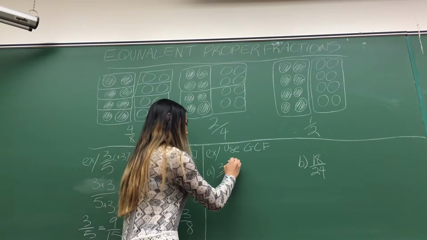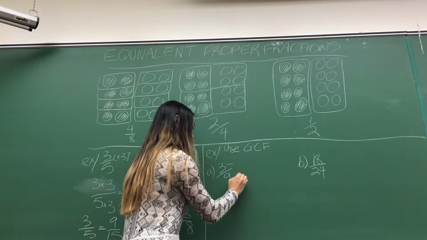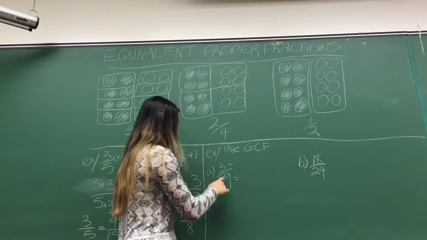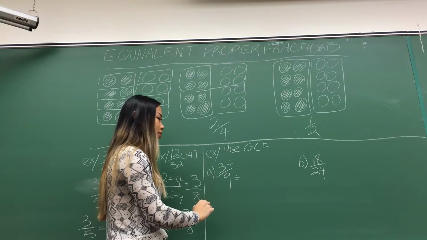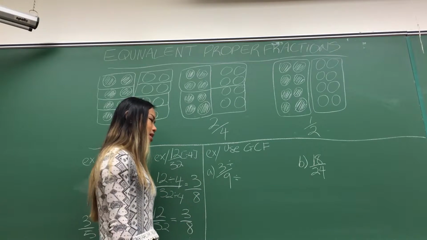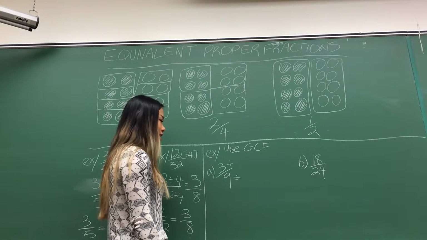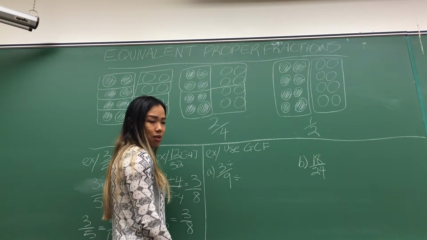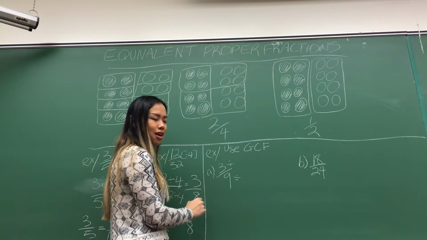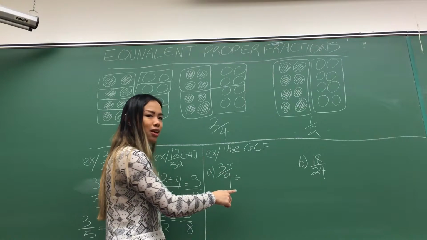So I need to divide this by some factor for 3 and 9. Okay, so the largest one, let's think about it. Well, I can't divide this by 2 because I can't do 3 divided by 2. But can I do 3? Well, let's see. I can do 3 divided by 3. I can do 9 divided by 3.